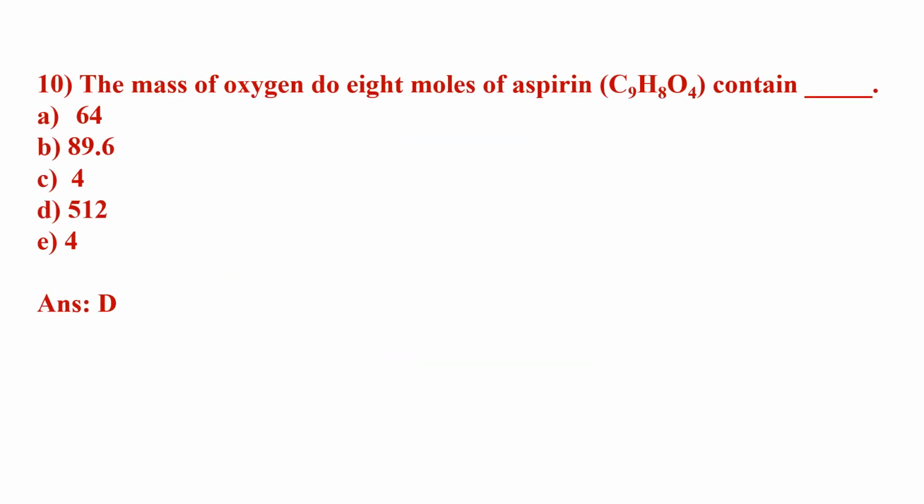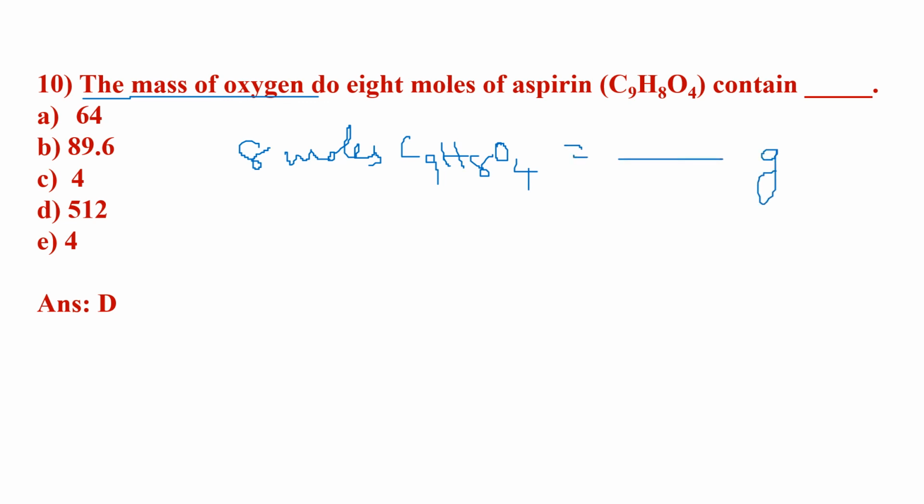Then next question. The mass of oxygen in 8 moles of aspirin, C9H8O4. What is the mass, in grams, of oxygen? It is asking only for oxygen. Generally, 1 mole of C9H8O4 is equal to how many grams of oxygen?